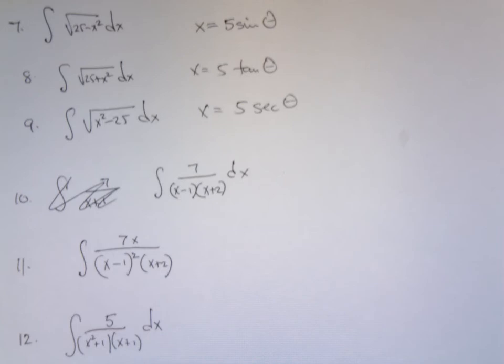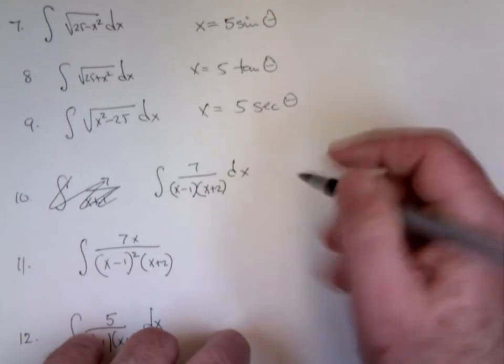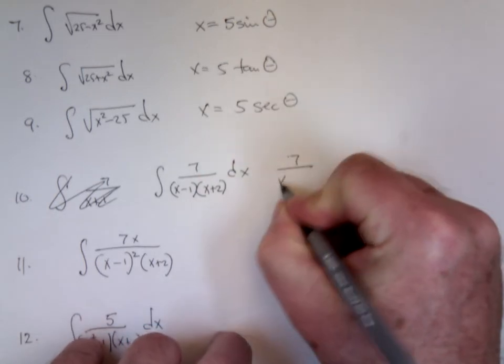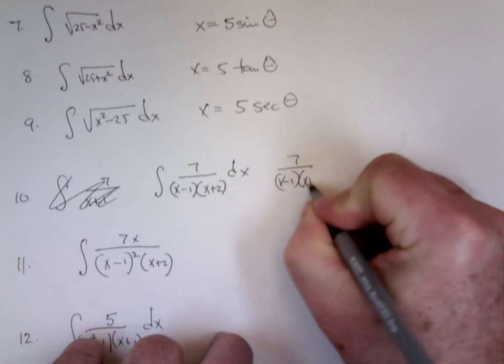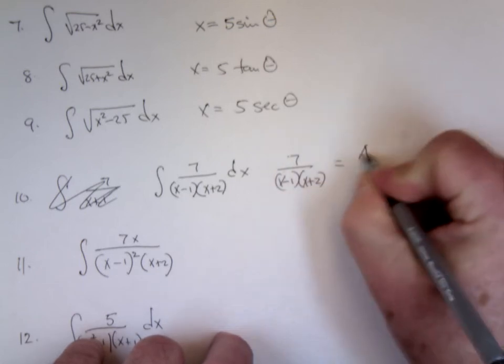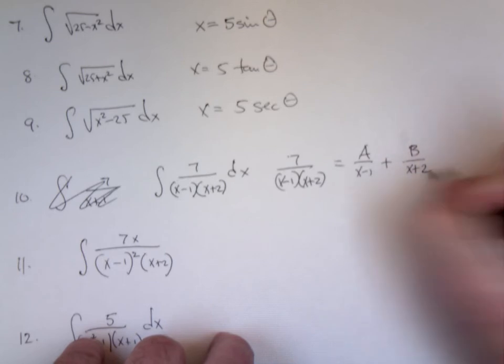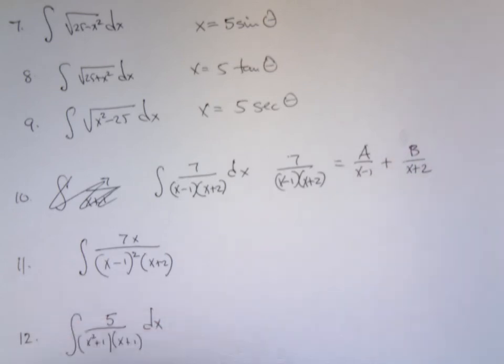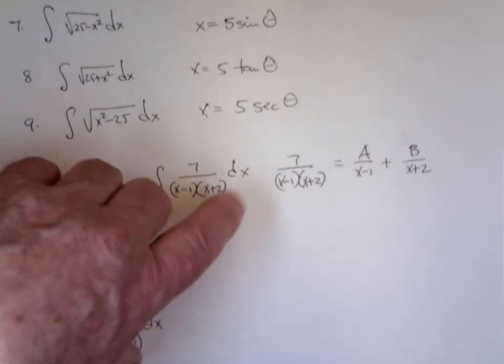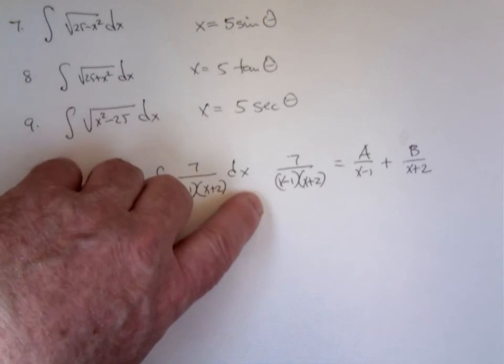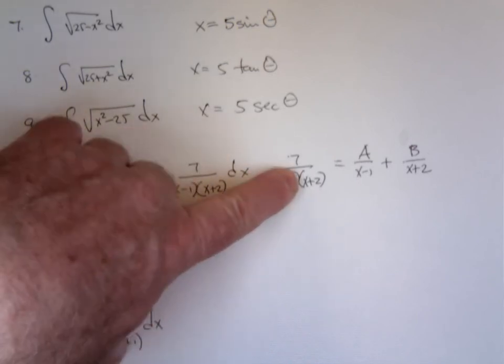First one, we have two linear factors. The way to do this problem, think of this, you're going to have A over x minus 1 plus B over x plus 2. We are going to solve for A in the following manner. We're going to multiply both sides by x minus 1. This x minus 1 is gone. We're going to let x equal 1.